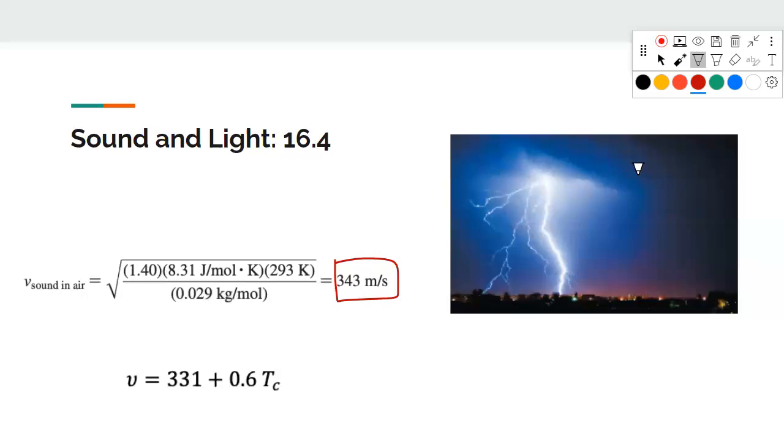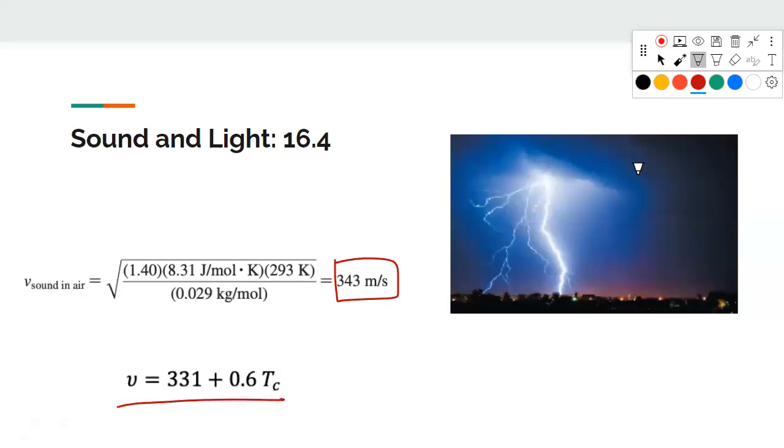Now there's a really nice empirical formula that's not in your book, but that I do expect you to be able to use. And so it'll be on your formula sheets if you need it, which is that if we know the temperature in Celsius, we can just multiply that by 0.6 and add it to 331. And for any normal temperature, like anything you would experience on Earth, this works quite well for gas in our atmosphere.